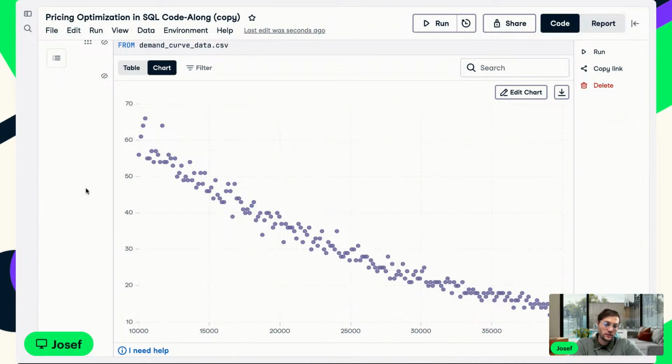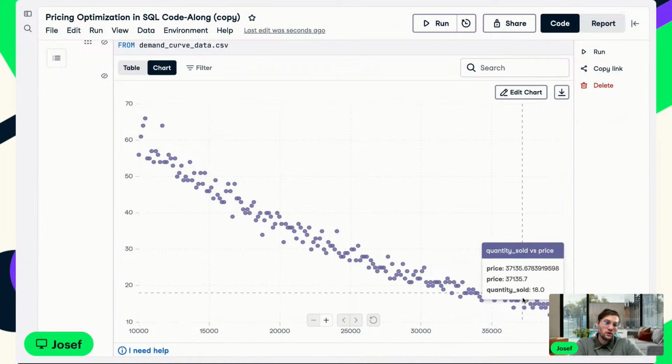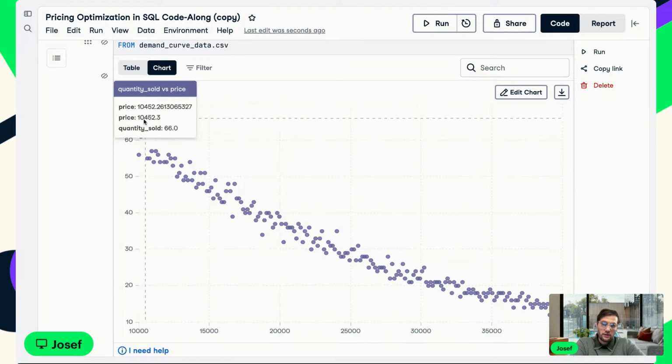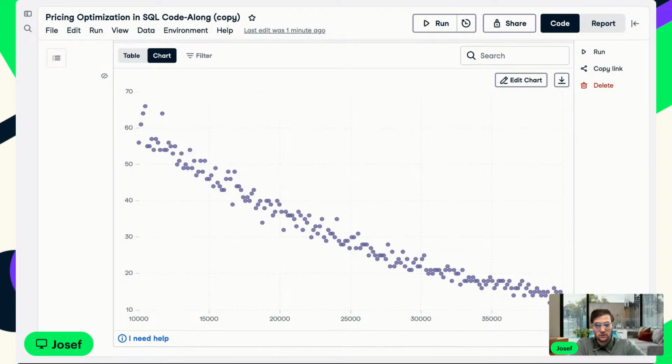That makes intuitive sense also, because the customers over on the far right end are not going to be so price sensitive. So you increase the price by a lot here, but they still buy a similar amount. But on the low end, you have certain customers who buy a lot, for example, when the price is very low. So these customers are good at finding a deal. As a result, we have a little bit of curvature in this model. That's something that we'll handle a little bit later on in this code along, but I'm calling it out now because these are the two obvious things that I see.